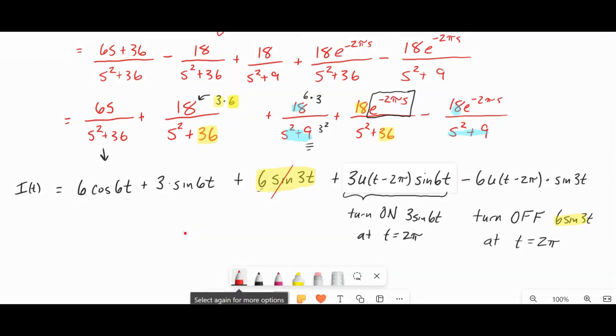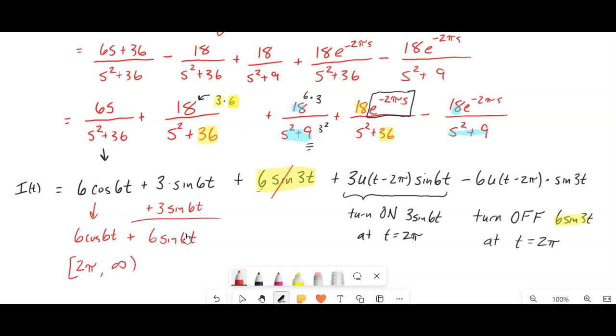And we're turning this on: 3 more sines of 6t gets turned on at t equals 2 pi. So we're adding another 3 sine of 6t, which is a grand total of 6 sine 6t. So this 6 cosine 6t just comes along for the ride, 6 cosine 6t plus 6 sine 6t. That's the solution from 2 pi to infinity.